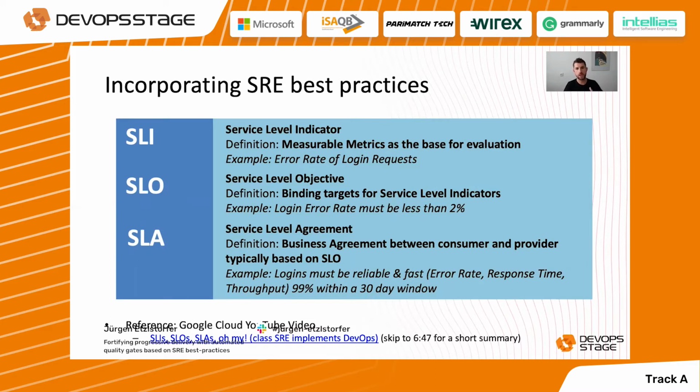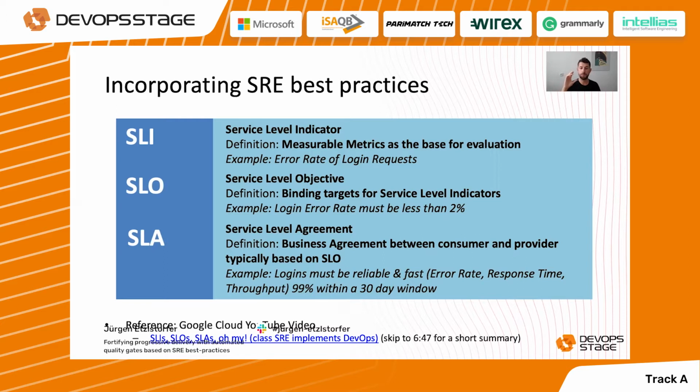So for example, the error rate of our login requests, which is our service level indicator, must be less than 2%. We can even say the error rate of our login requests must be less than 2% within the last 10 minutes. So we have some objective that we can evaluate. And then upon the service level objectives, we can even define service level agreements, which are more business related agreements between the consumer and the provider.